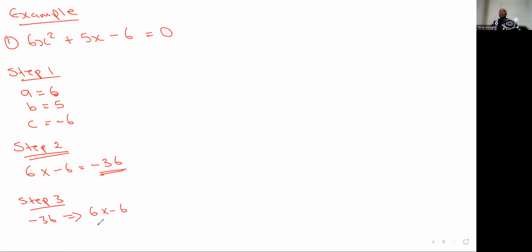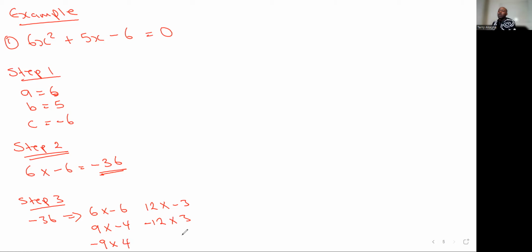You can also have 9 and minus 4, which also gives minus 36. Also minus 9 and 4. Then we can have 12 and minus 3, and minus 12 and 3, which also give minus 36.